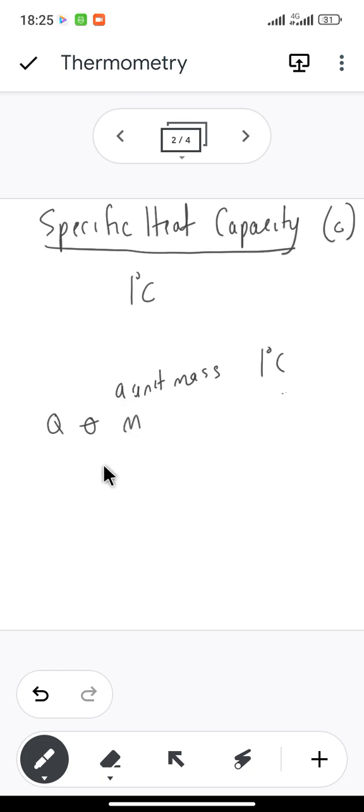So the relation is Q, which means the quantity of heat, is equal to mass times the specific heat capacity times change in theta. Now this is the change in temperature, you understand? This can be mc(theta 2 minus theta 1).